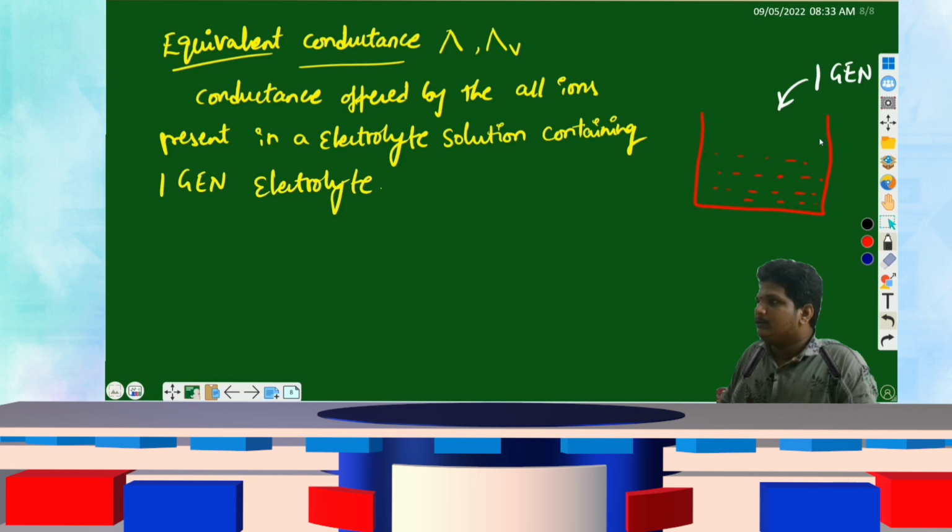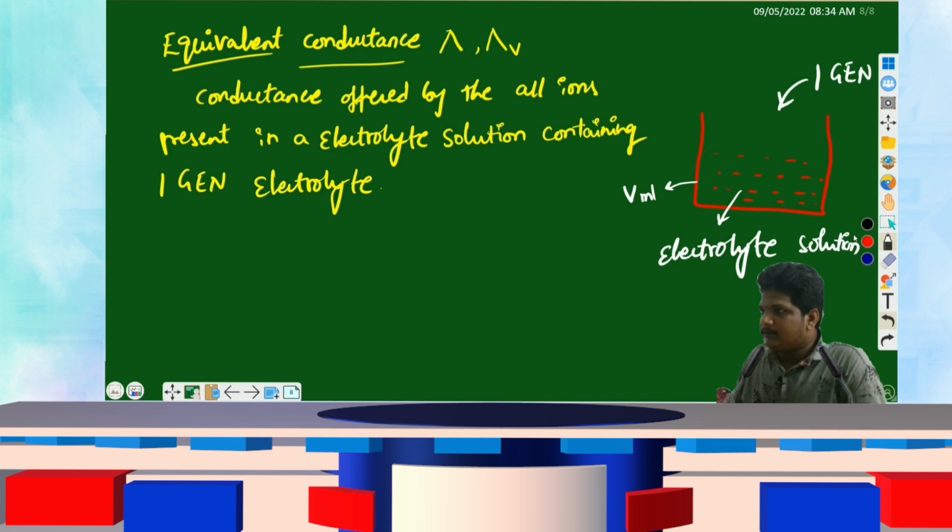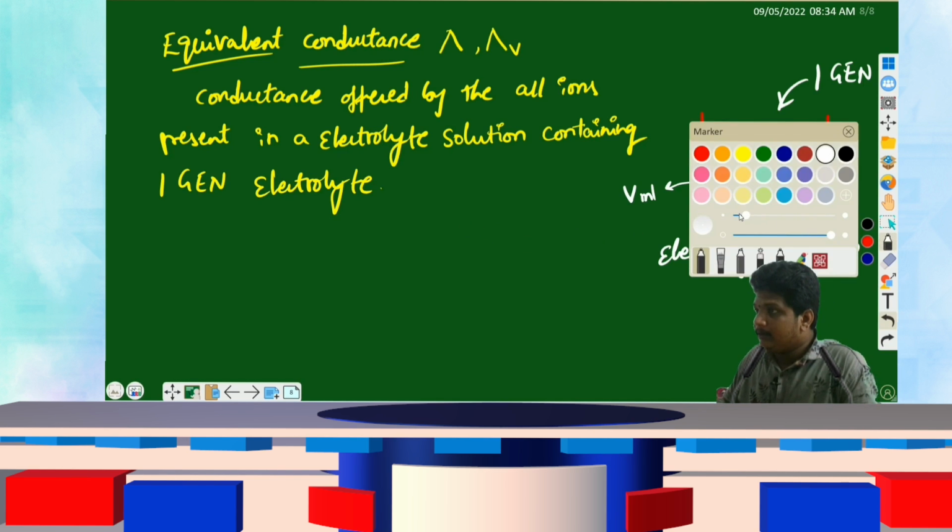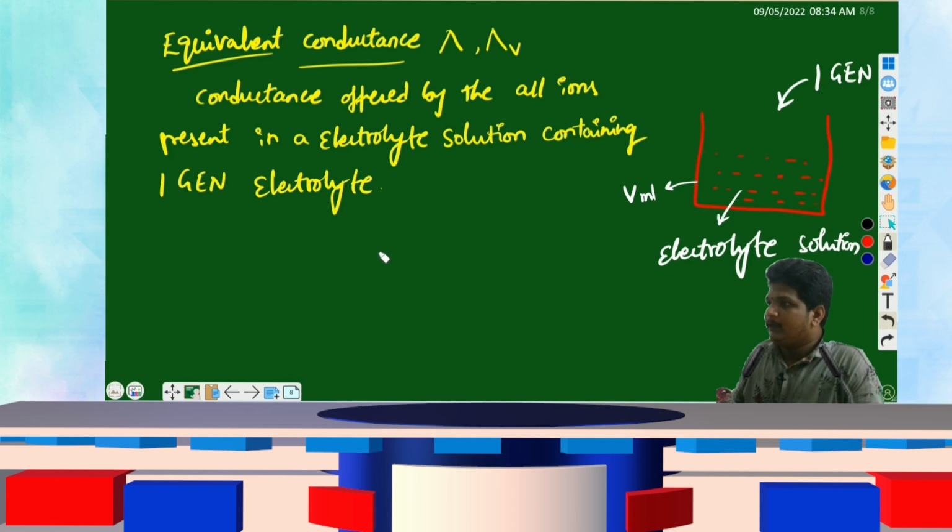Here the volume of this electrolyte solution is V. So here V ml of electrolyte solution.